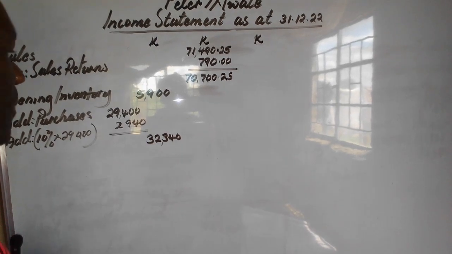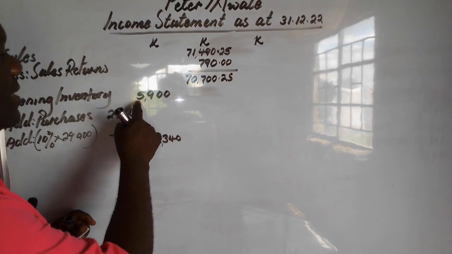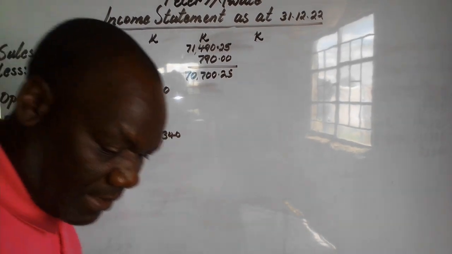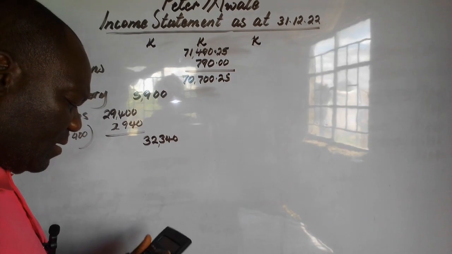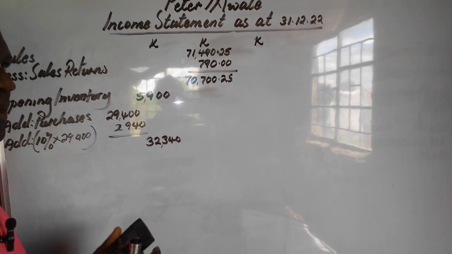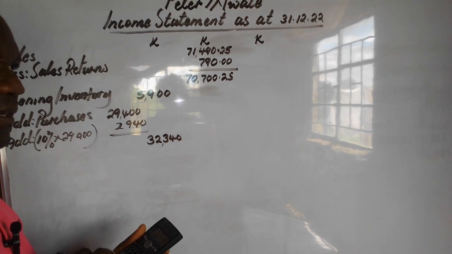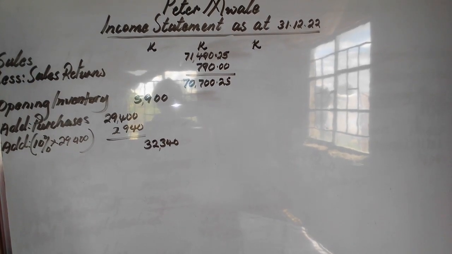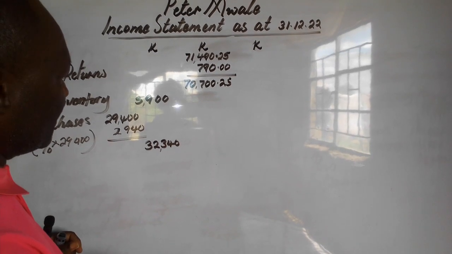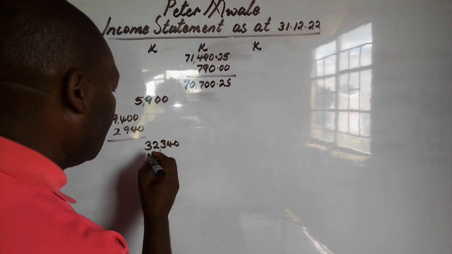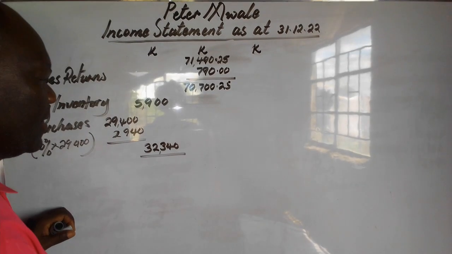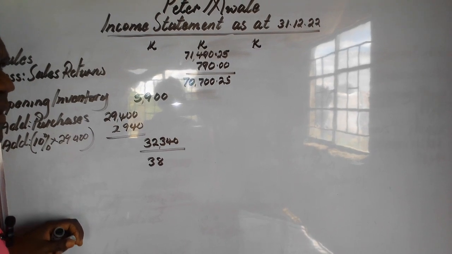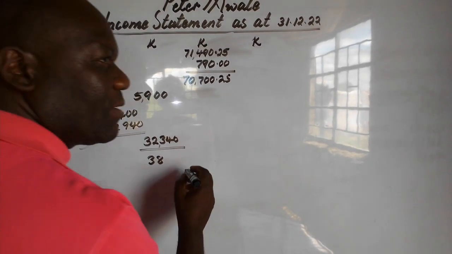Once I've done so, I'm now going to add this and this. I'll add the two of them. 5,900 plus 32,340. What do I get? So what I'm getting is 38,240.